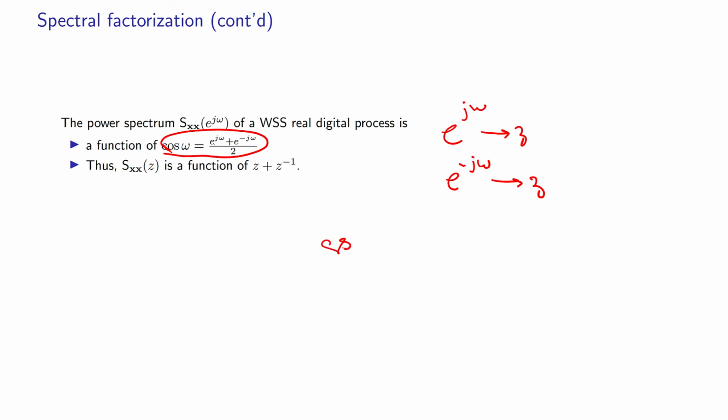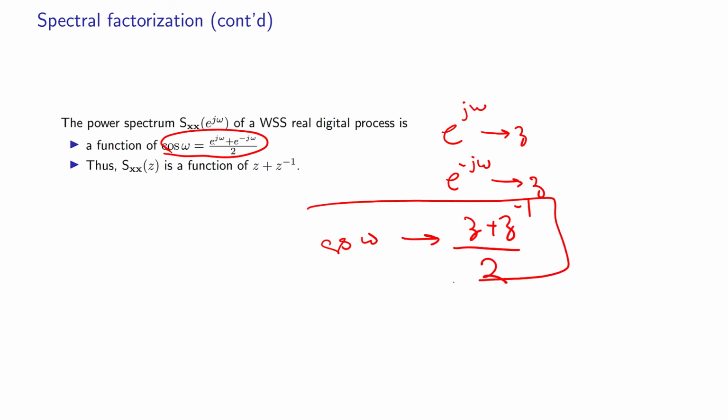So cosine of omega is equivalent to z plus z minus 1 divided by 2. This is a very important step to calculate the spectral factor. So everywhere we see cosine of omega, we replace it first by z plus z minus 1 divided by 2.